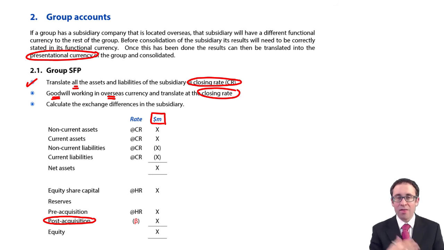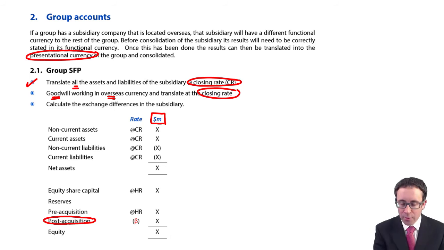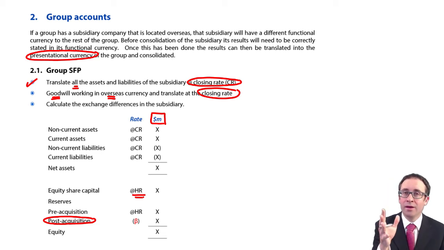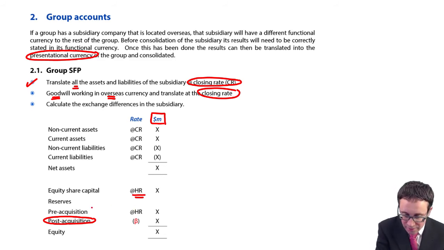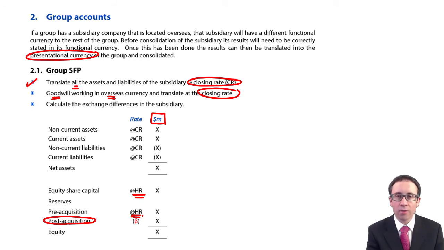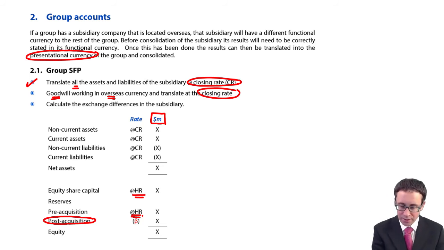Then you've got to be careful. The equity share capital is translated at the historic rate, because that's the rate that was in place when the parent acquired the subsidiary. The reserves at that date of acquisition, the pre-acquisition reserves, are also translated at the historic rate, because that's the rate in place when the acquisition took place.